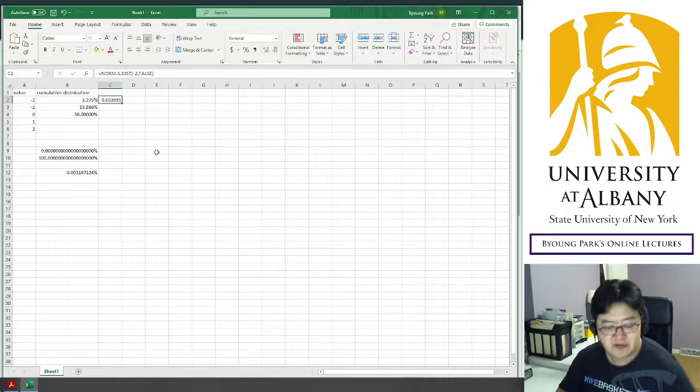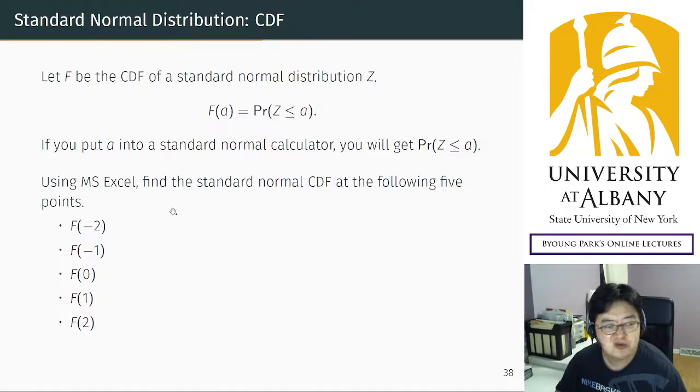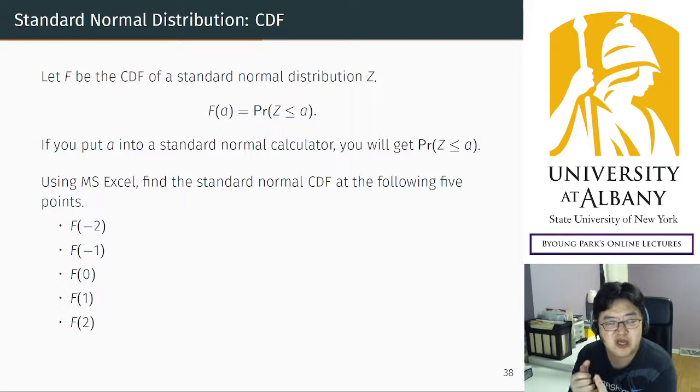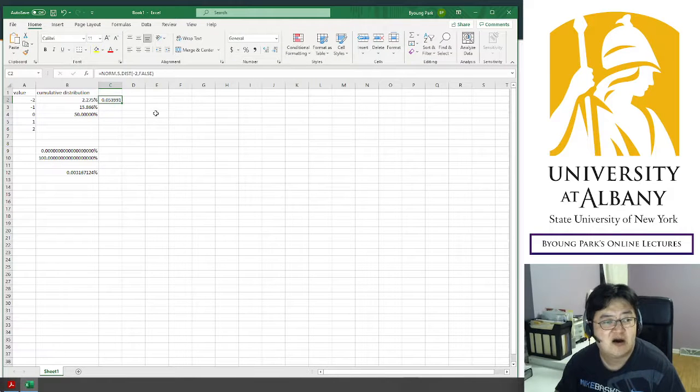So again, to summarize, we want to calculate the probability of the standard normal distribution. Then how do we calculate that? It's not easy to do by hand, so we are going to use Excel. I will use Excel again and again, and in the homework you will use Excel again.